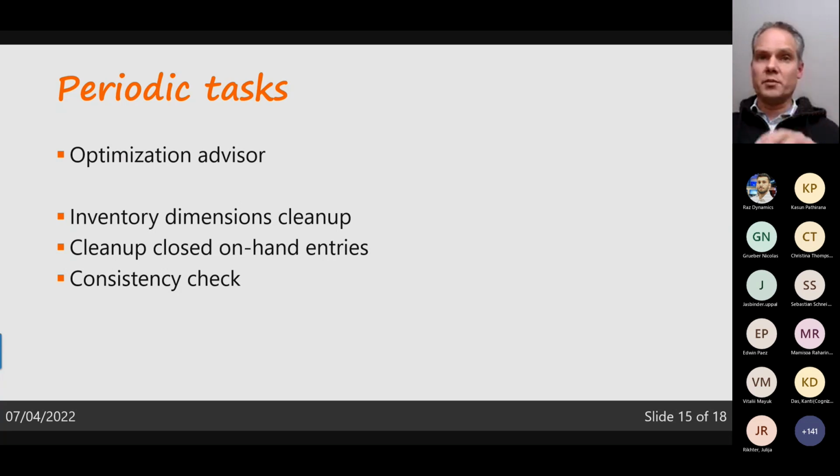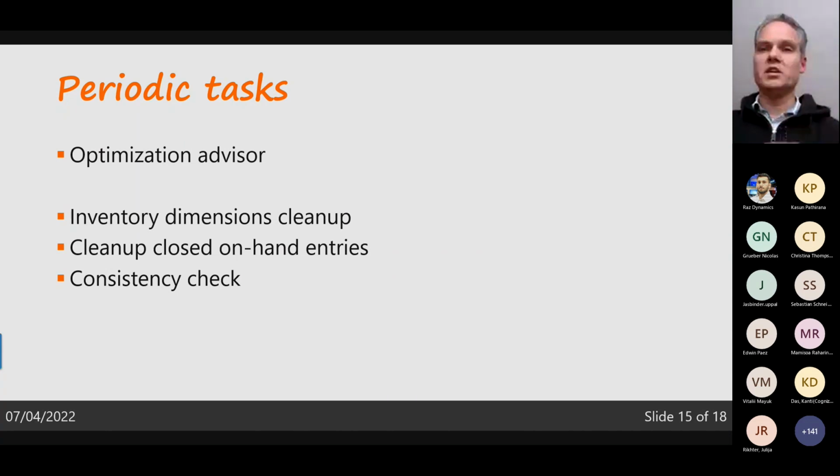You can use the cleanup closed on-hand entries, which will look at all the invent sum records where there's no quantity available anymore and no cost price, and also tick box that there is indeed no quantity and no cost available.